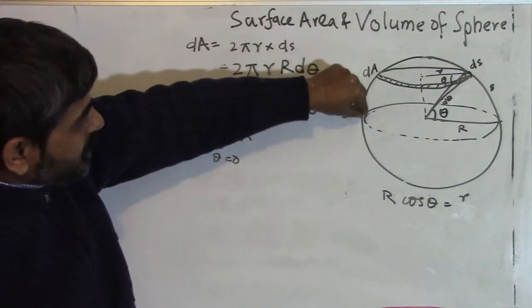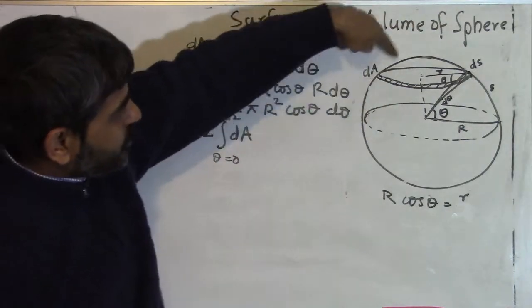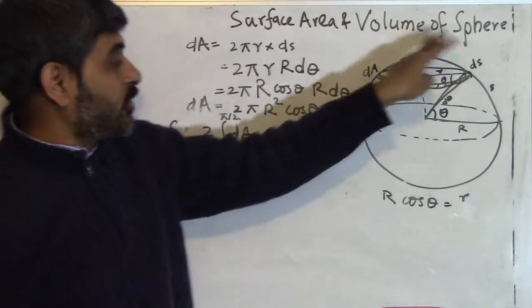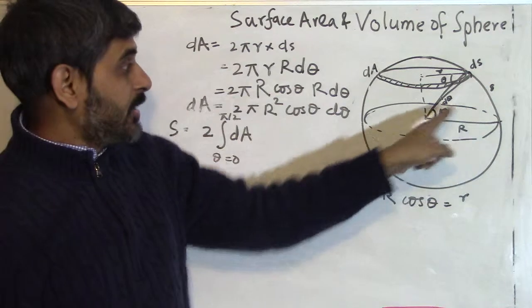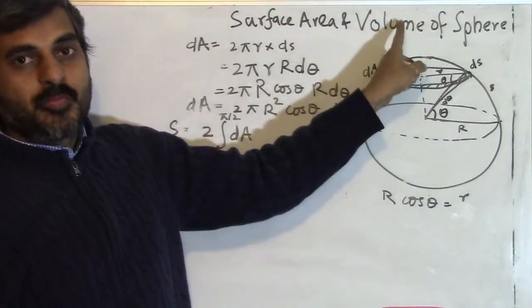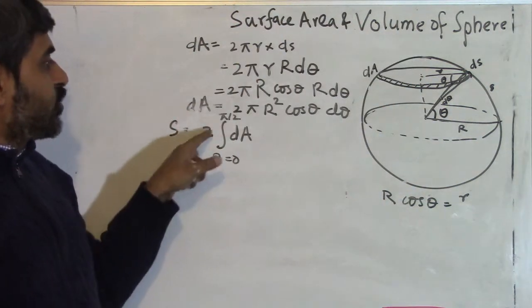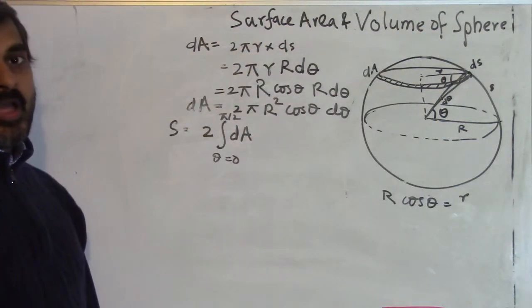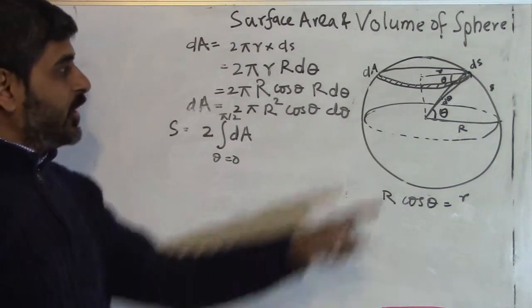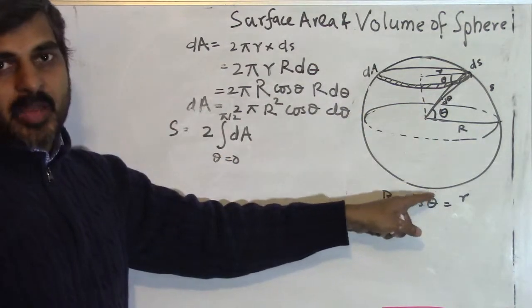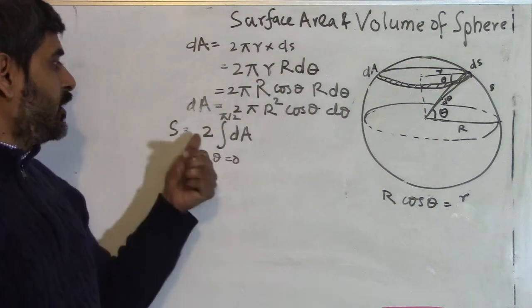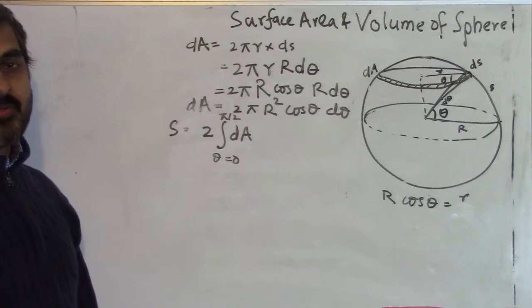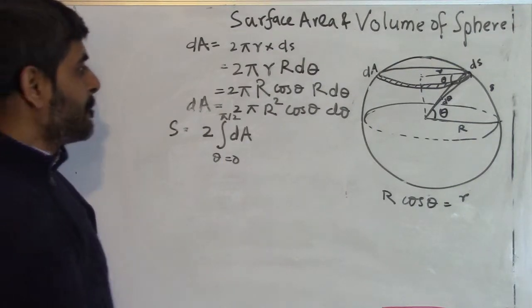If we add up all these areas from here to here, it becomes this total hemisphere here. And we can do twice of this area, it will give the whole hemisphere area. Another way to do it was to vary this theta from minus pi by 2 to plus pi by 2 and not do this 2 multiplication. Both of them are the same thing.